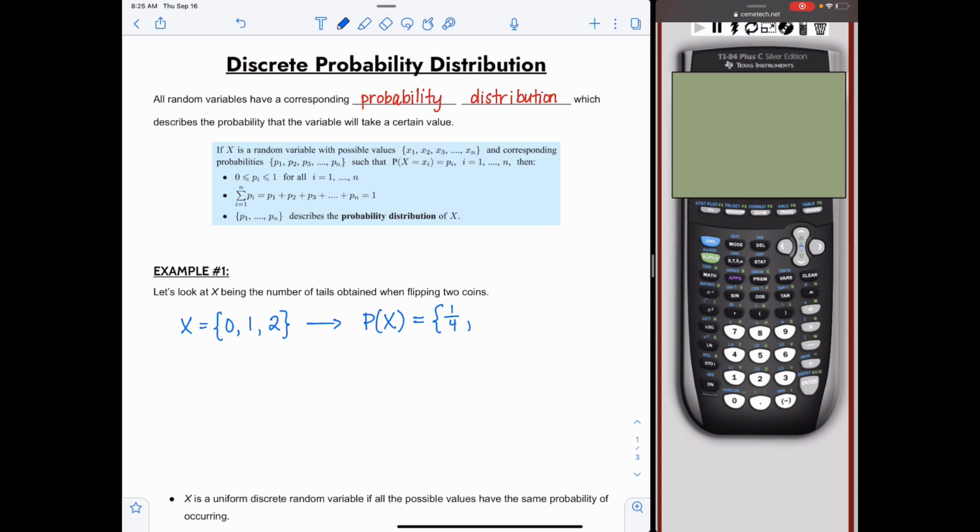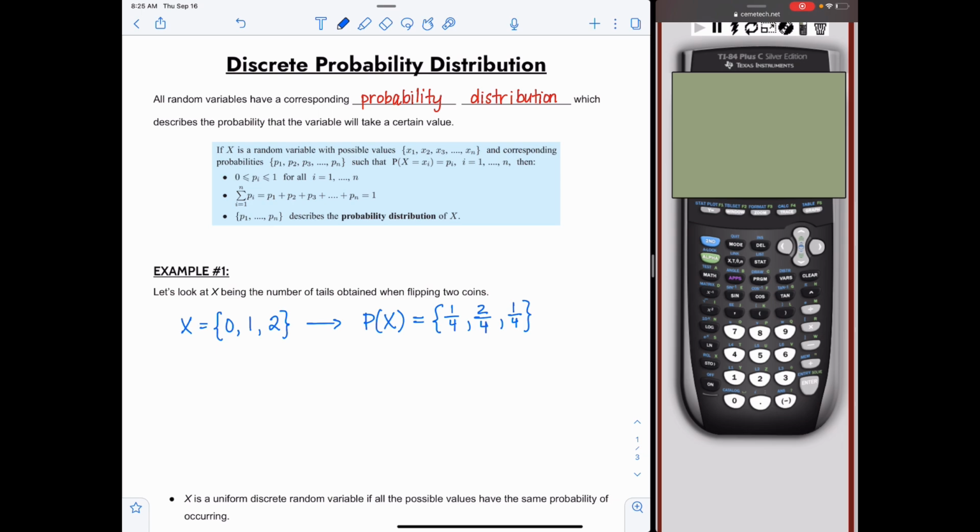So that's going to be 2 ways out of 4 to get 1 tail. And then, of course, to land both of them on tails, there's only going to be 1 way to do that. So that's going to be 1 out of 4. So as you can see here, these are the values that x can take on, the possible values, and then their corresponding probabilities.